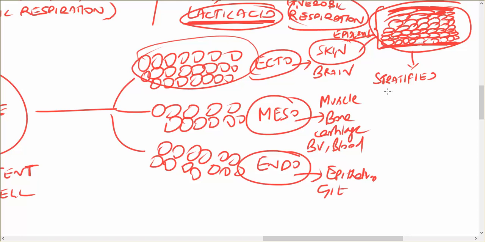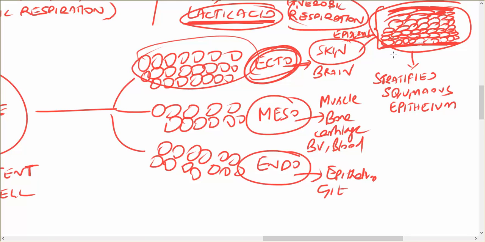Stratified means multi-layer, and squamous because the cells are flat in appearance. But this epithelium comes from the ectoderm.